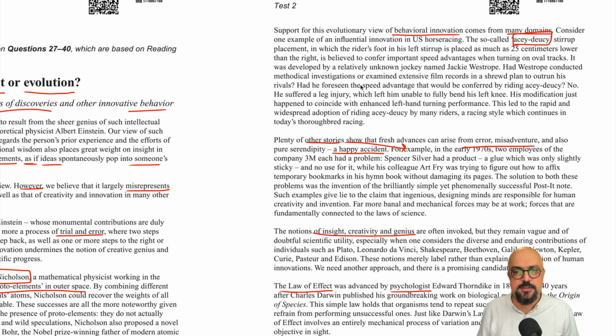Had he foreseen the speed advantage that would be conferred by riding? No. He suffered a leg injury, which left him unable to fully bend his left knee. His modification just happened to coincide with an enhanced left-hand turning performance. This led to the rapid and widespread adoption of the riding style by many riders.